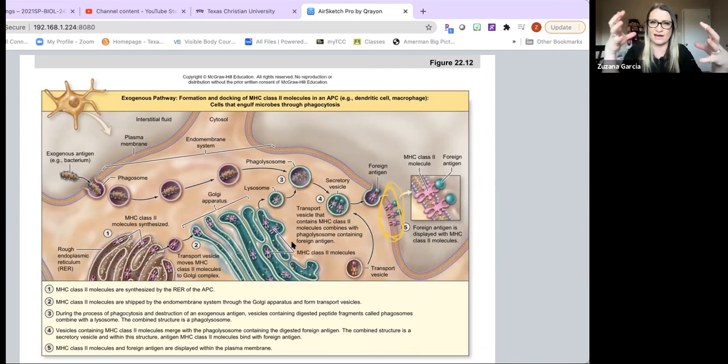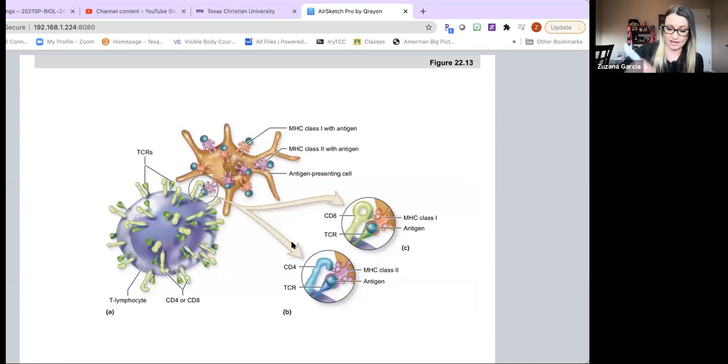So it's like they have seen it on their own, even though they really didn't. And these multiplying helper T lymphocytes will continue releasing chemicals that are going to activate other immune cells, including cytotoxic T lymphocytes and B lymphocytes as well. So that's that. But for that, I have another image. So we'll go over that.